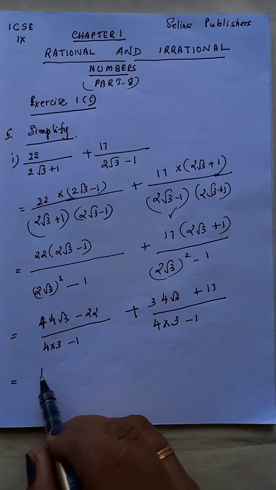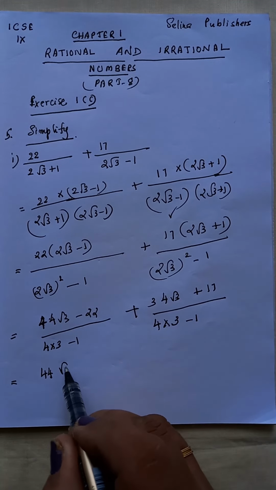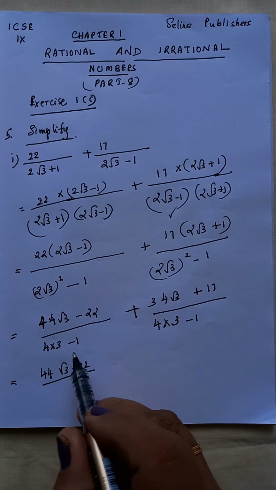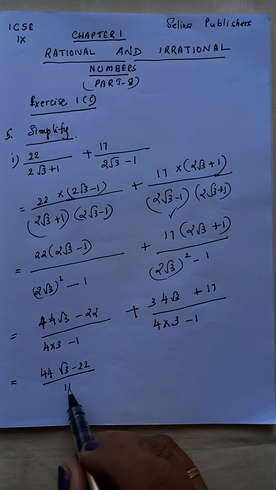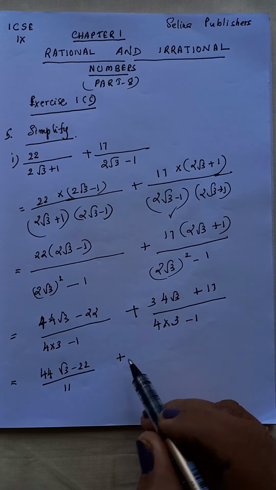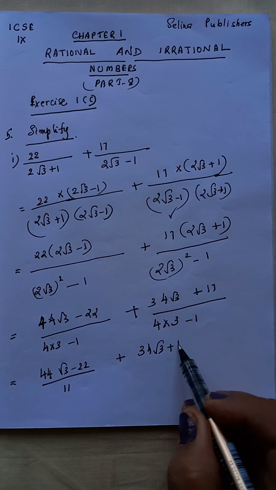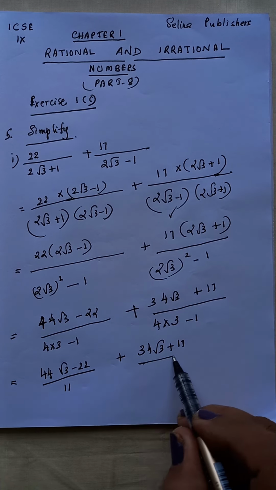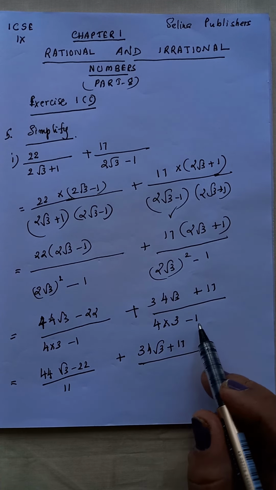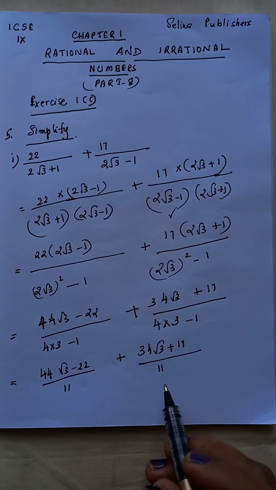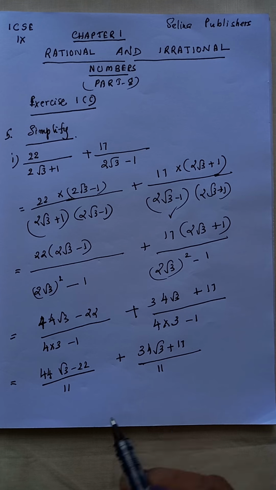This is equal to 44 root 3 minus 22 divided by 4 into 3 is 12, 12 minus 1 is 11. Then that plus 34 root 3 plus 17 divided by, here also 4 into 3, 12, 12 minus 1, that is 11. So here the denominators are same, so we can take the common denominator as 11.